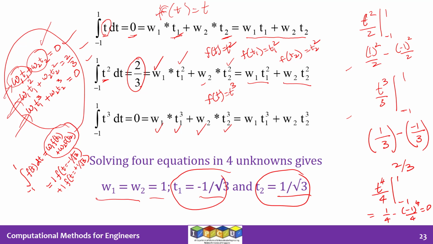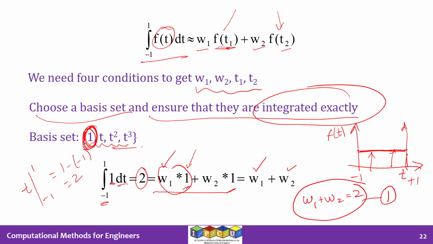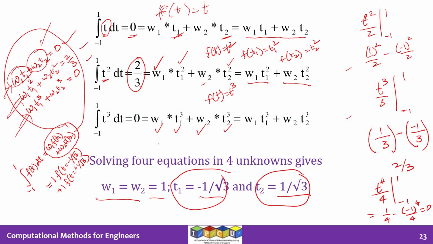That would lead to 6 unknowns. Therefore, I have to write 2 more equations, so I have to have 2 more elements in my basis set. Maybe I'll go for t to the power of 4 and t to the power of 5 to add to this basis set. And then I'll set up the appropriate equations and solve for W1, W2, W3, T1, T2, and T3. So that is something that can be done.